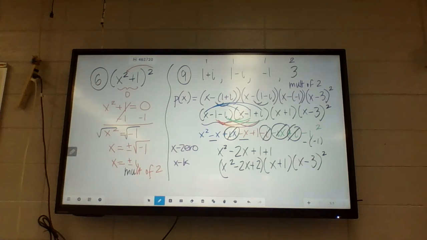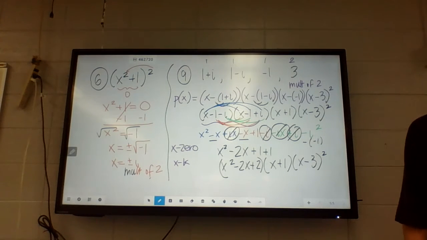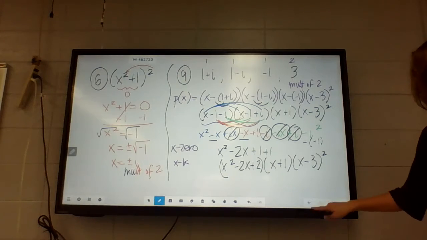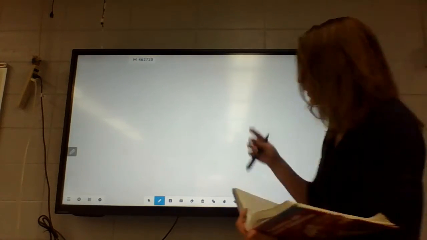All right, then number 10, it gives us the fact that 2 is a 0 with multiplicity of 2.